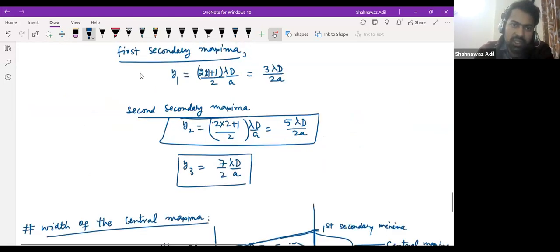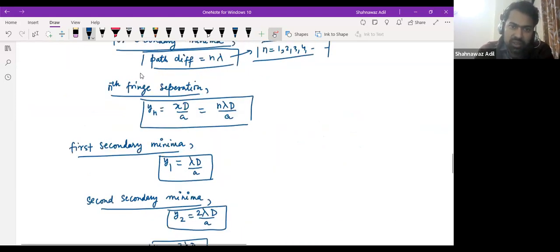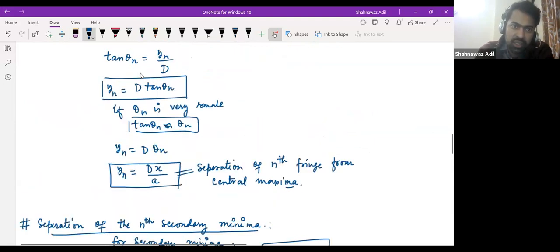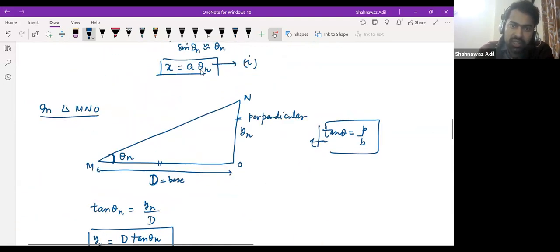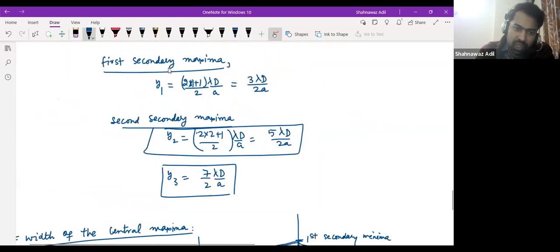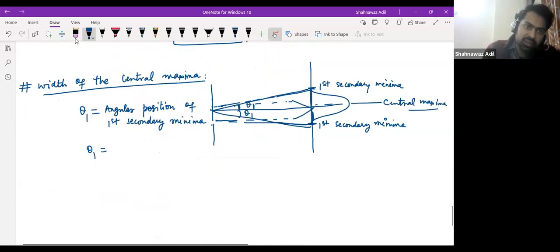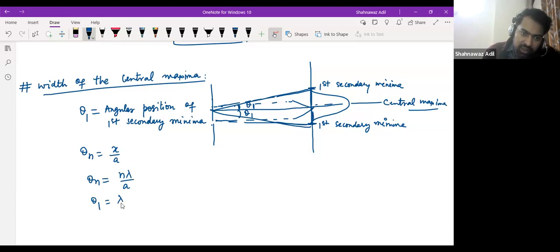So this theta is how much? That is x by a, right? Theta is x by a. So we know that theta n is x by a, and for minima x is n lambda by a. So theta 1 would be how much? That would be lambda by a.